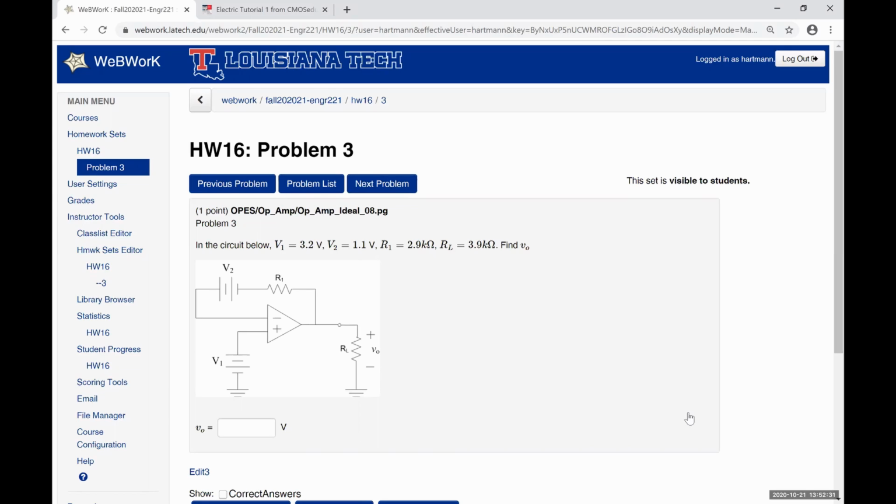No current can flow through it because of ideal op-amp rule number 1, which means the voltage drop over that resistor is 0. So that means V out is V1 minus V2. Yeah, so if you can apply those op-amp rules, op-amp rules 1 and 2, all of these problems are going to be terribly trivial.